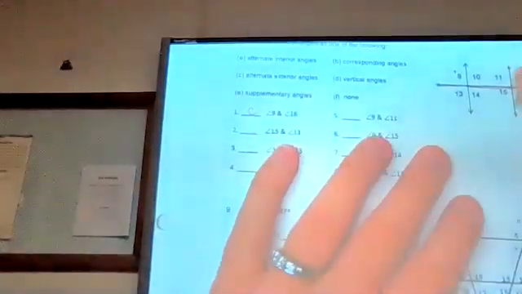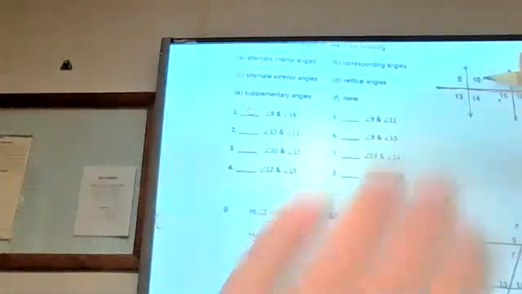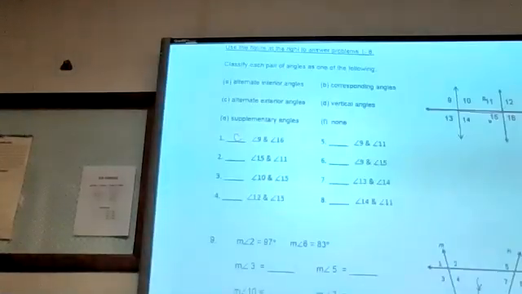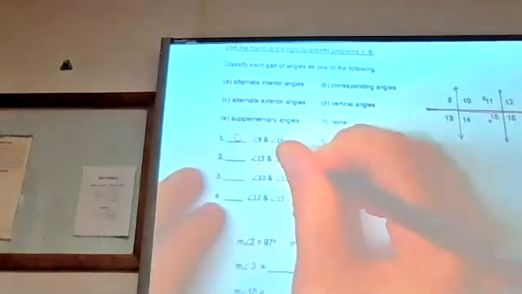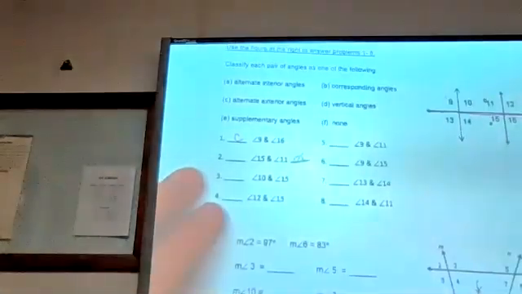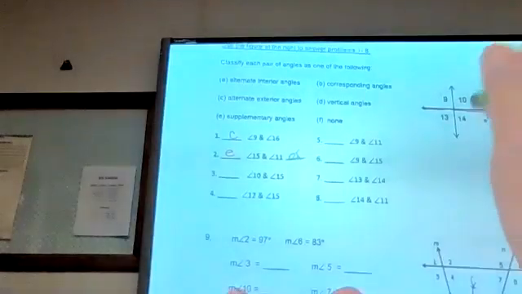15 and 11. What would be true about 15 and 11? They would be supplementary because this has nothing to do with parallel lines. They're that linear pair where they're creating a line that's a 180-degree angle. So E, those would be supplementary angles.